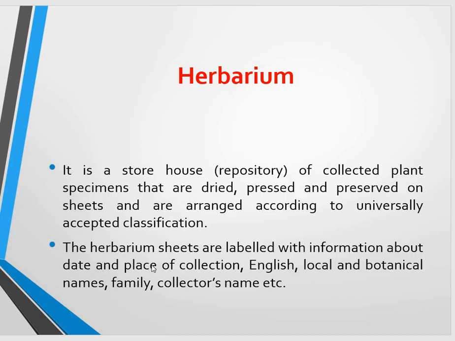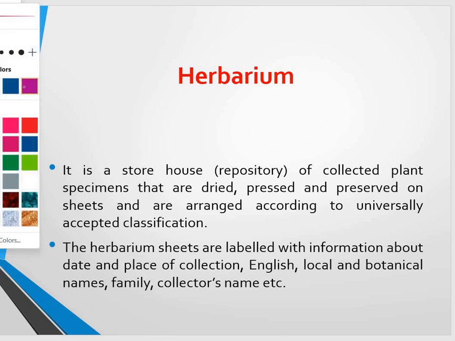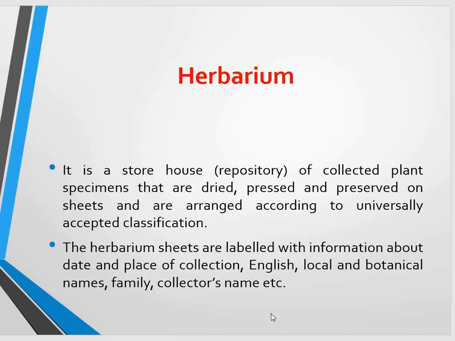That is how the herbarium sheets are formed. They are labeled with information about the date, place of collection, local names, scientific names, and collector names. So herbarium is nothing but the dried, preserved specimen of a plant.